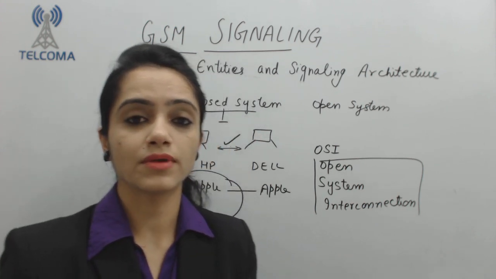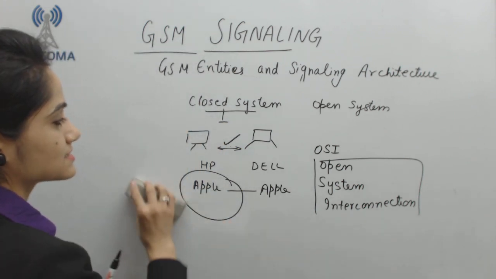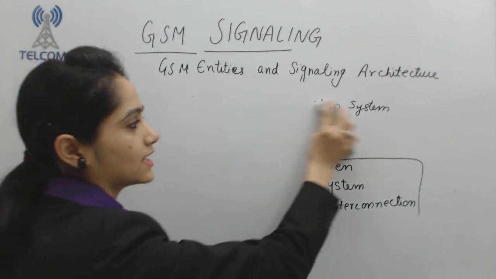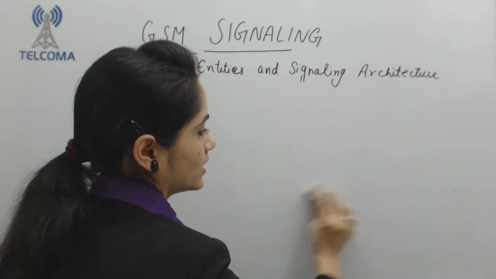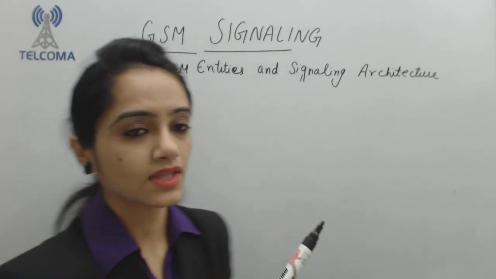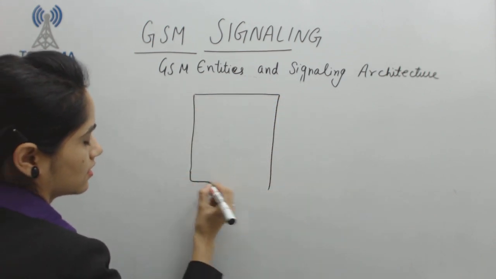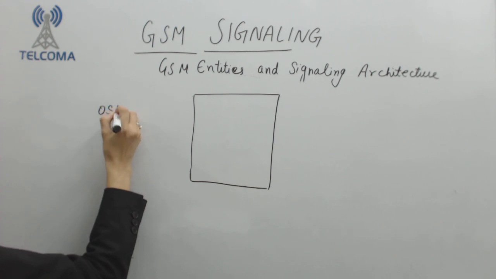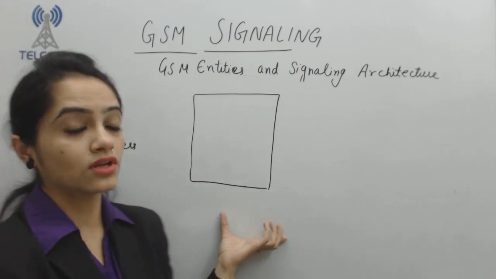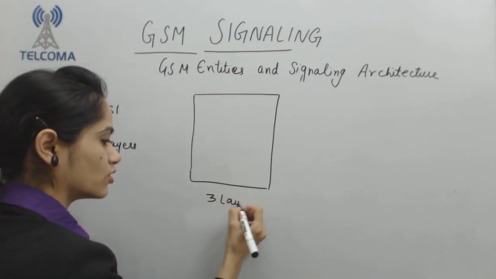But we require to call from Airtel to Reliance, Airtel to Vodafone, any operator. So we require some model like OSI. So in GSM, we also have a protocol model. Like OSI has 7 layers, but this protocol model of GSM has only 3 layers. So this is a 3-layered model.